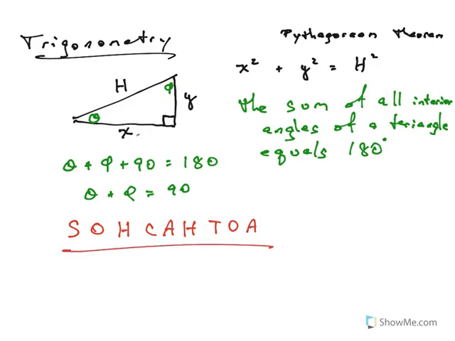I got to college, and as I was going into higher and higher level math courses, I had a friend who was a Chinese guy from Honduras, and he let me know that they did not learn Sohcahtoa in Honduras math courses. They learned some other way of remembering this stuff. So maybe some of you have not seen Sohcahtoa. Maybe everybody has seen it. I'm not sure, but I'll explain it.